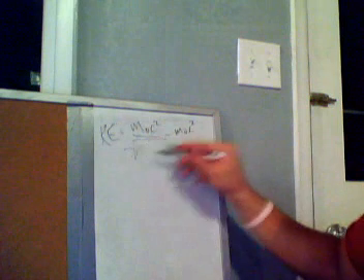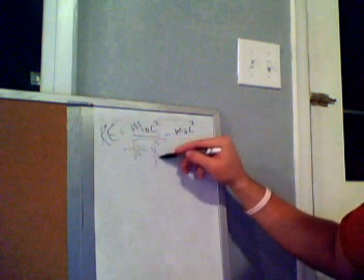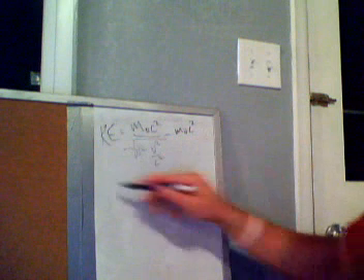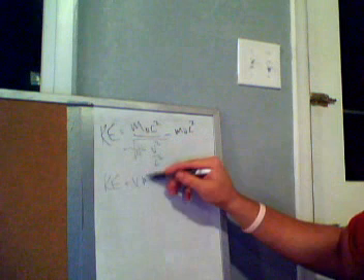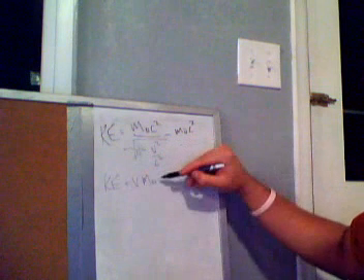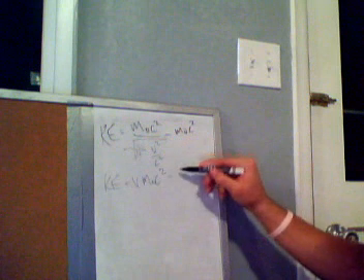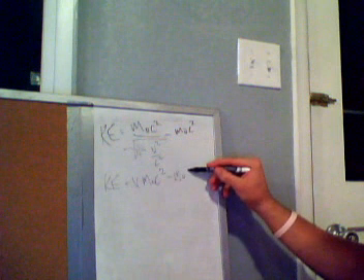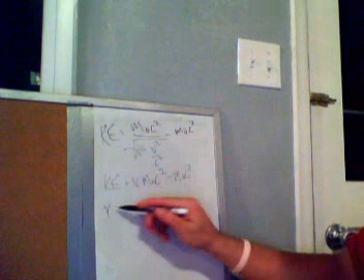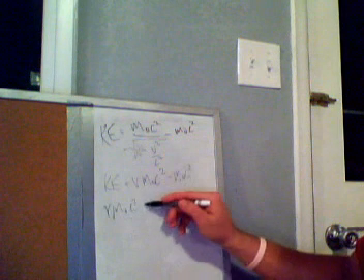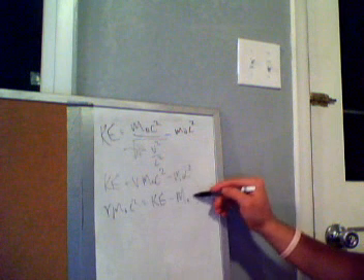You can rewrite that again as gamma times the mass of an object at rest, c squared, equals the kinetic energy plus the mass of an object at rest, c squared.